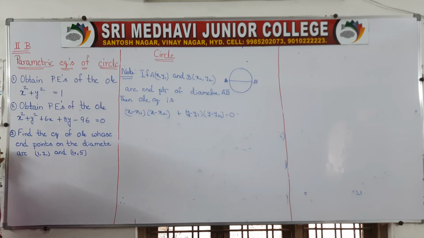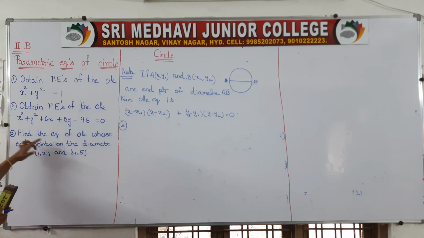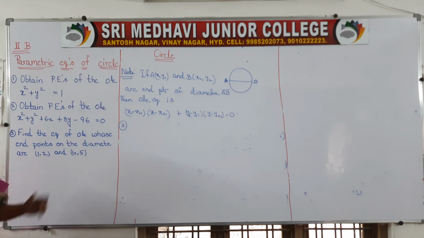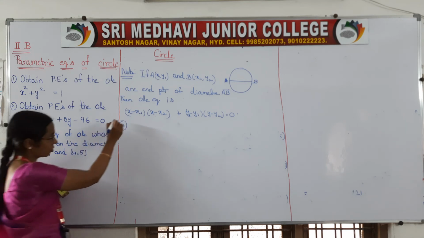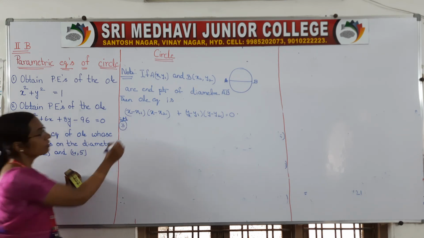Now come to today's third question. Find the equation of the circle whose end points of a diameter are (1, 2) and (4, 5). It is a 2 marks question, the most repeated 2 marks question. What is the given information?